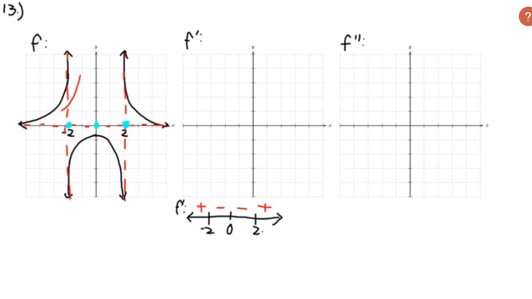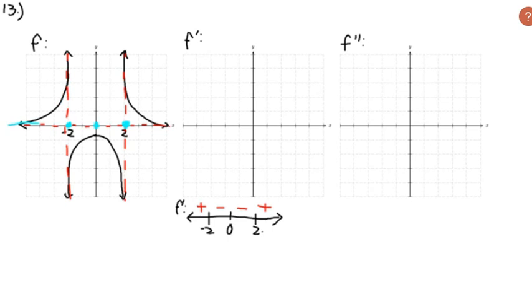So looking at this part of the graph, we can see that from -infinity, the slope is almost 0. And as it approaches -2, the graph gets steeper and steeper, but never really touches -2.